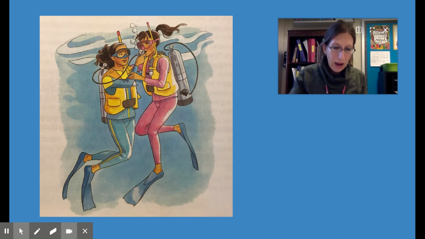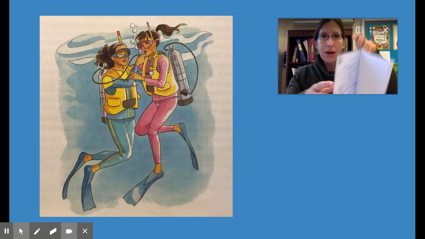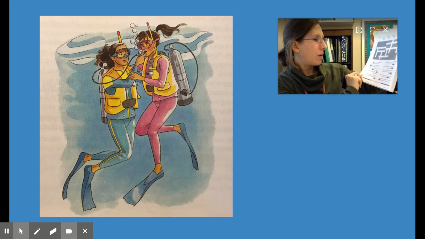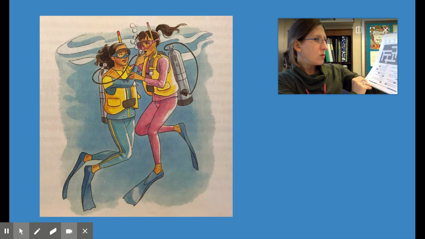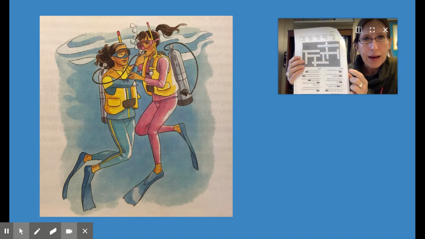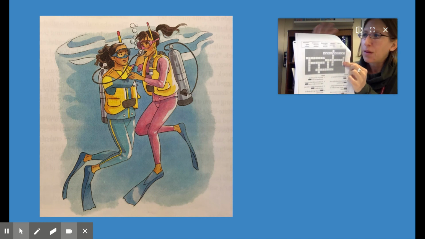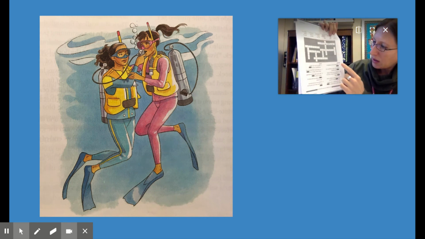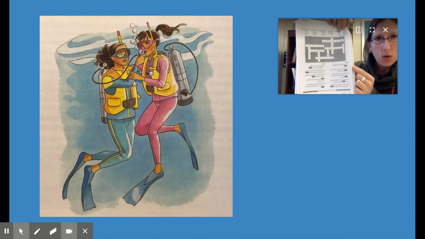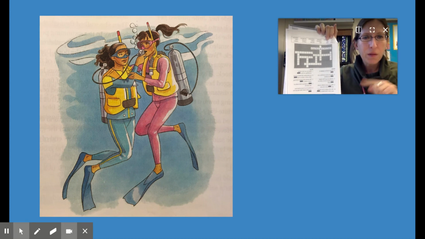And then when you get to this page, this is kind of a crossword puzzle. How you do that is it has some clues for us over here to the side, and then we try to fill them in. So we fill in either across or down. I just wanted to show you a couple of these because a couple of them are from the story that we skipped.